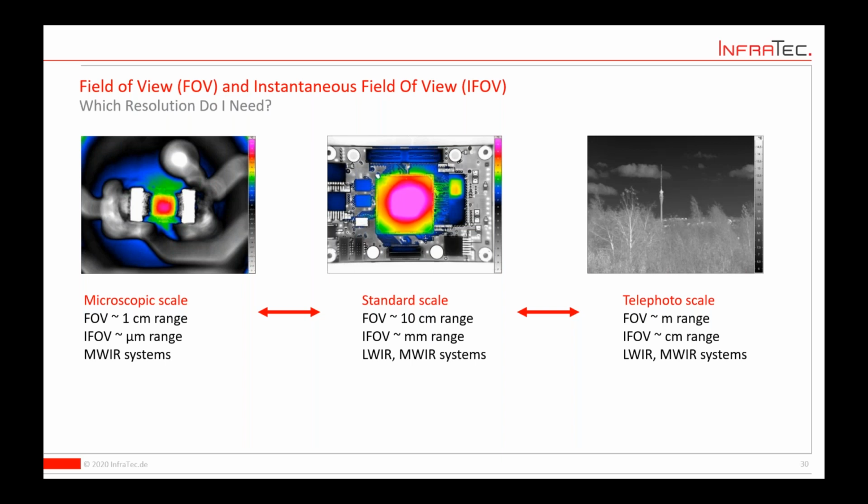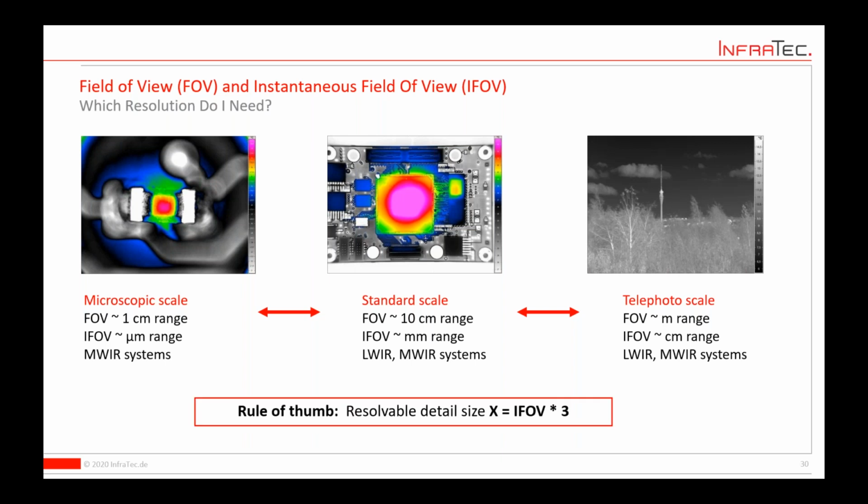And this slide maybe gives you an idea of which camera you would choose for different field of view demands. But you have to keep in mind this rule of thumb here, that the resolvable detail, which I labeled here with X, corresponds to the IFOV in your application.